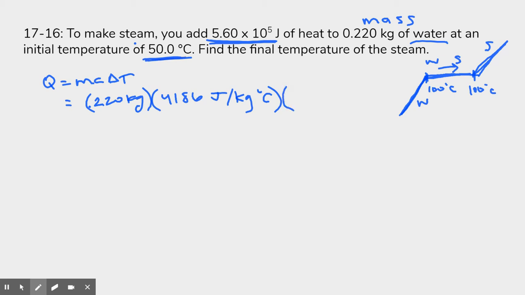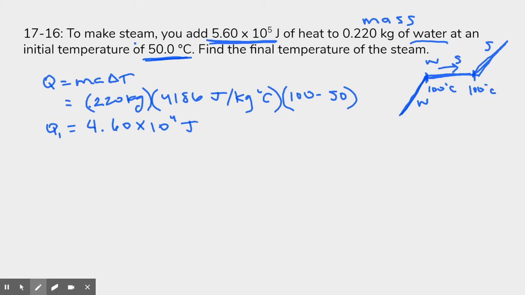So we started at 50 and we're going to 100. So that would be the final, which is 100, minus the initial, which is 50. Okay, so 100 minus 50 is 50. You do that math and you'll find that the Q, and I guess I should label, we'll just call this Q1, is going to be 4.60 times 10 to the fourth joules.